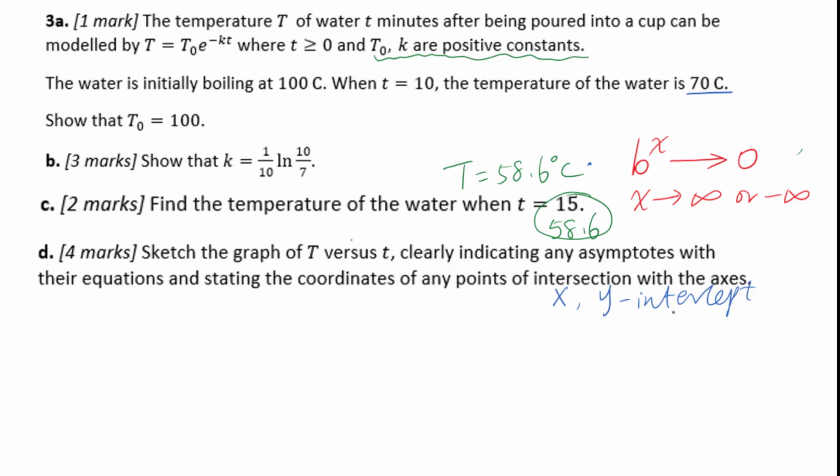We know the y-intercept is (0, 100). There is no x-intercept because for this function, the horizontal asymptote is y equals 0, which means no x-intercept.